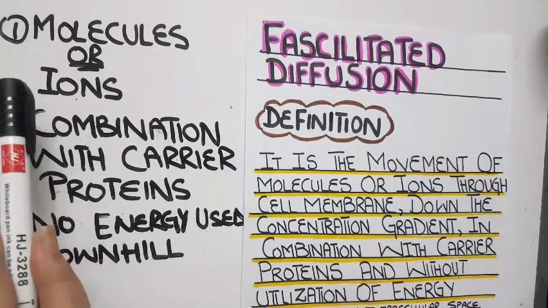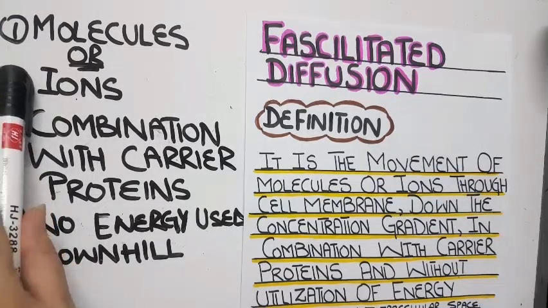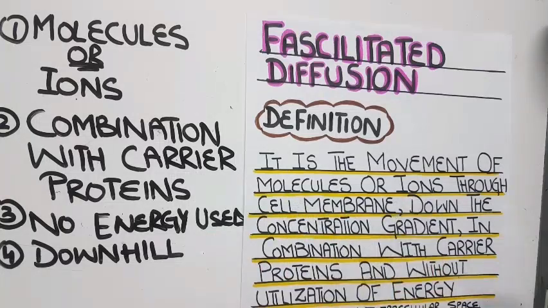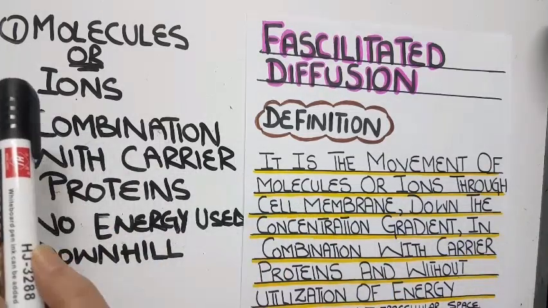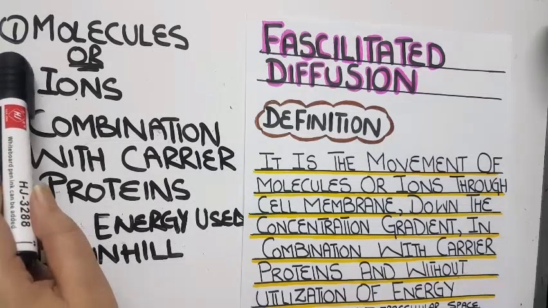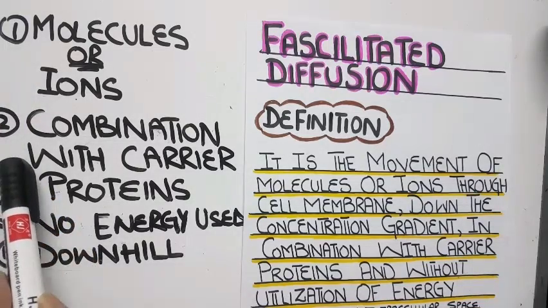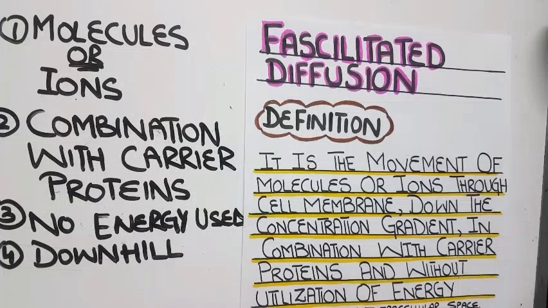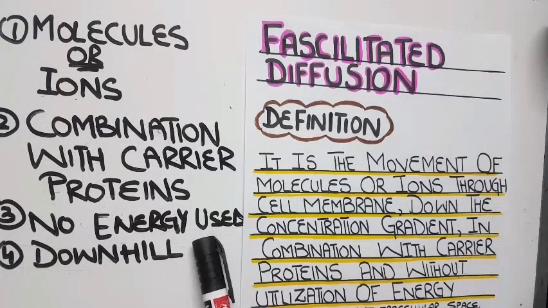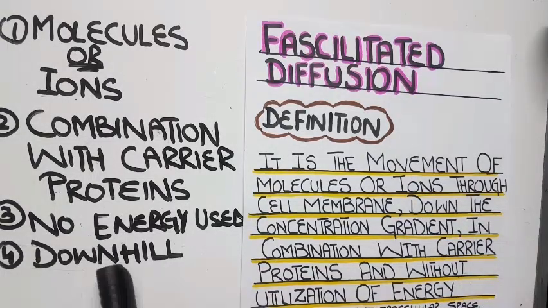Number one is that there is transport of molecules or ions. Second is that for the transport, these molecules or ions have to combine with the carrier protein. Third is that there is no use of energy. There is no use of ATP when this facilitated diffusion occurs. And fourth is that it is downhill, down the concentration gradient.